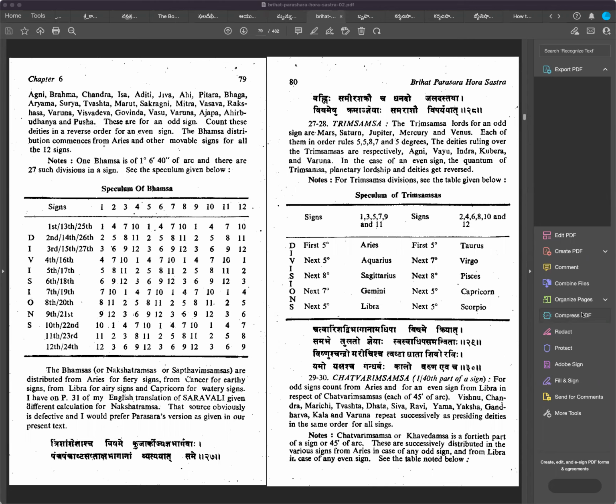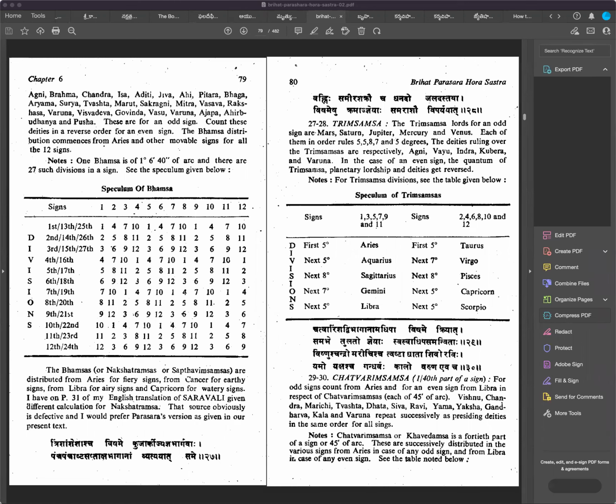The Trimshamsa lords for an odd sign are Mars, Saturn, Jupiter, Mercury, and Venus. Each of them in order rules 5, 5, 8, 7, and 5 degrees. The deities ruling over the Trimshamsas are respectively Agni, Vayu, Indra, Kubera, and Varuna.